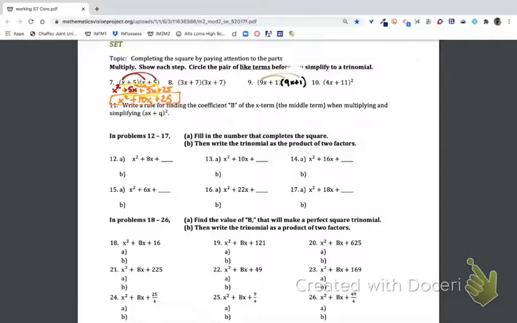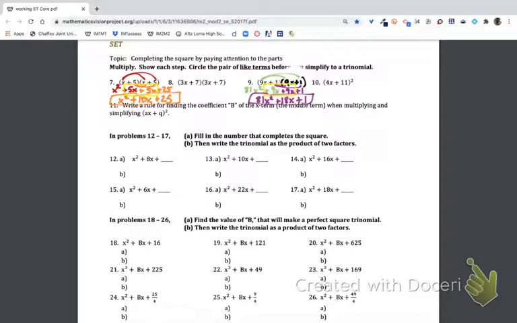So 9x times 9x is 81x squared. 9x times 1 is 9x. And then distribute the 1. Plus 9x and plus 1. Circle your like terms and then simplify. 81x squared plus 18x plus 1. And you're done.